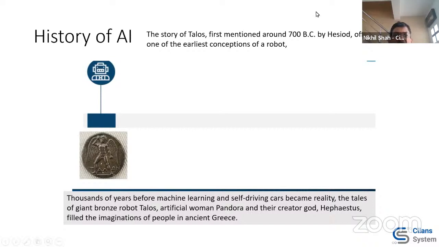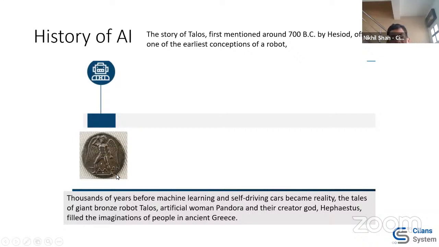Well, back in 700 BC, there were coins like this, an actual coin from so many centuries back, which has an imagination of a person flying like a bird, right?